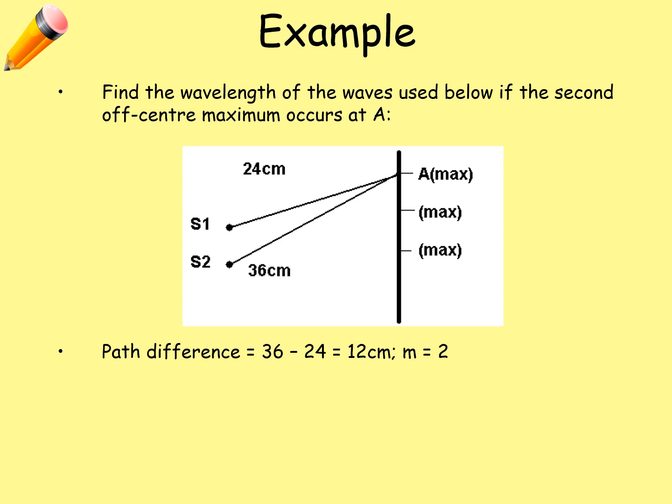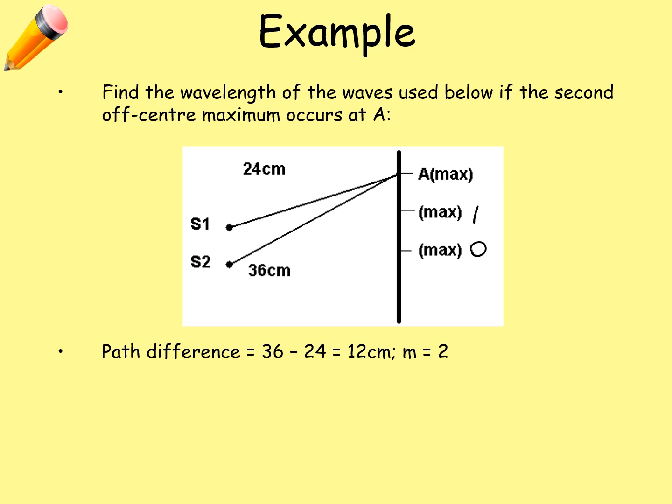We're told in the question that we're looking at the second off-center maxima. Remember the first maxima, the central maxima, occurs when the path difference is equal to 0 lambda. We sometimes call this the zero order maxima, and that's here. Then our first order maxima, where we have our first maxima above the central point, is 1 lambda.